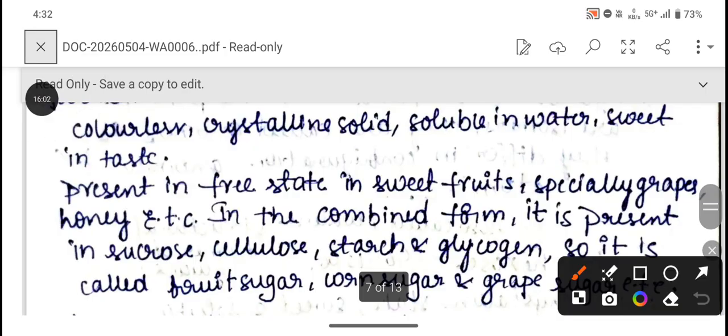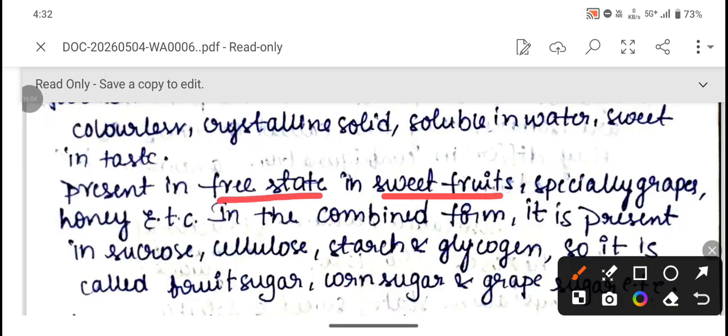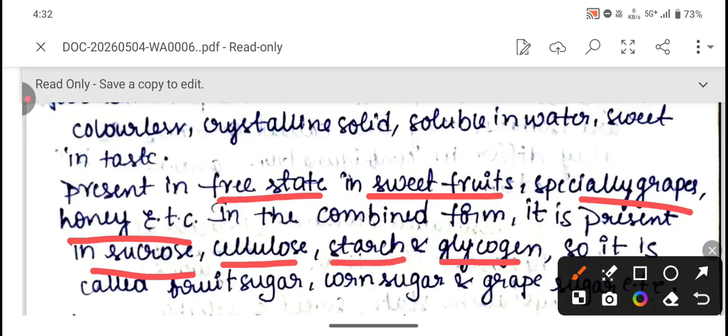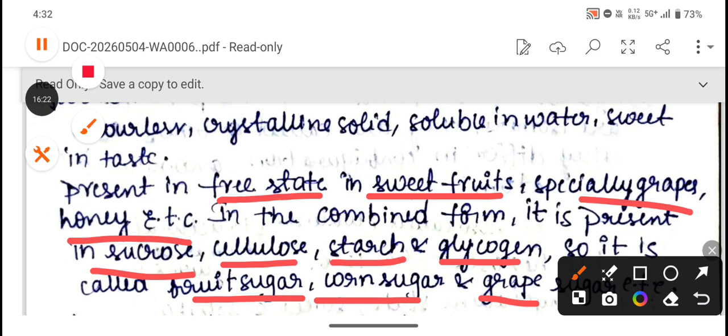D-glucose is present in free state in sweet fruits, specifically grapes, honey, etc. In combined form, it is present in sucrose, cellulose, starch, glycogen. So it is called fruit sugar, corn sugar, and grape sugar.